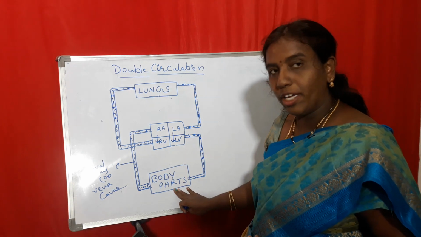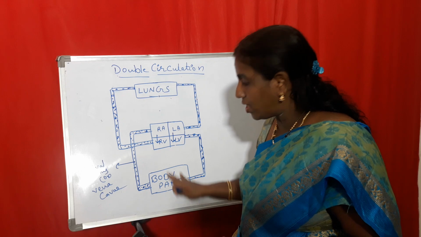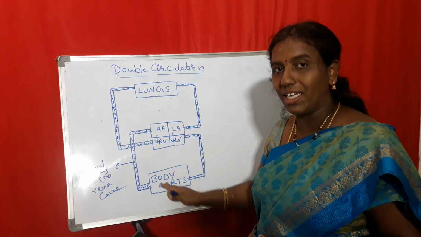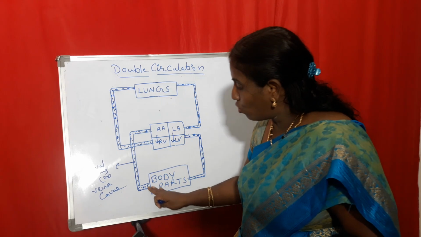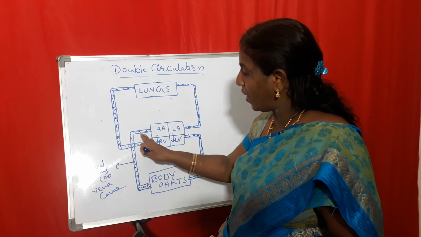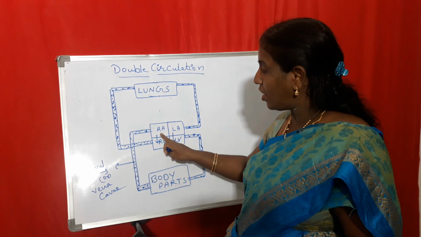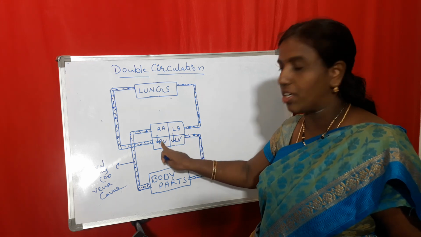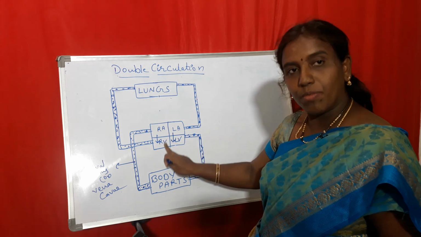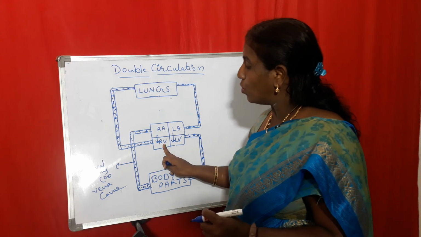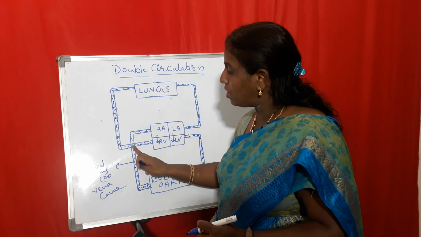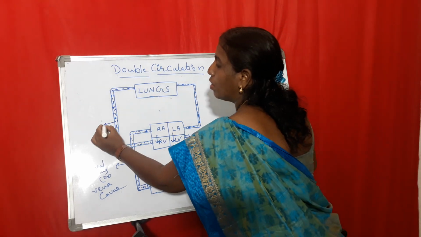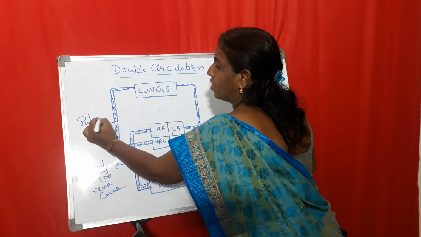From the right auricle the blood enters into the right ventricle. From the right ventricle the blood moves through another blood vessel called pulmonary artery.